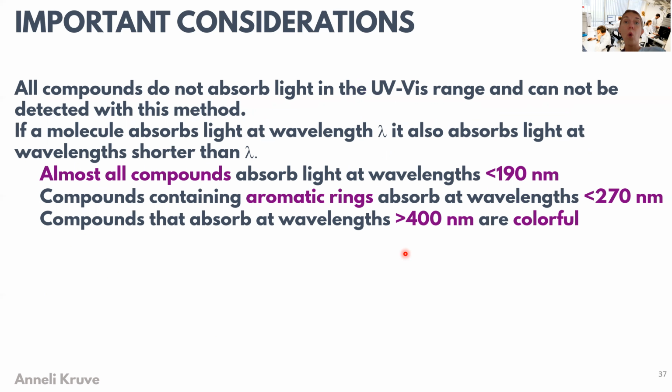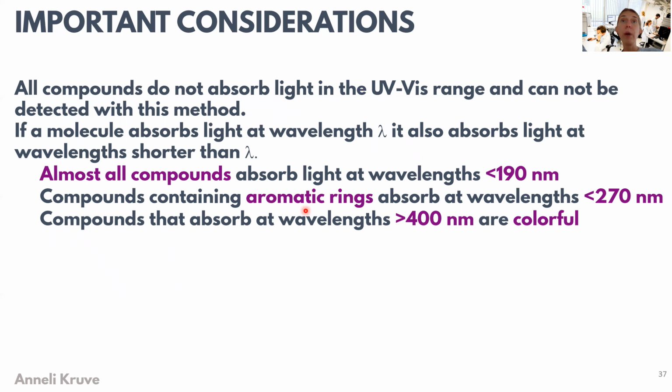So almost all compounds absorb, at least to some extent, when we go to very low wavelengths, in the very low end of the ultraviolet region. This means that, if possible, we don't want to do our measurements at the very low wavelengths.